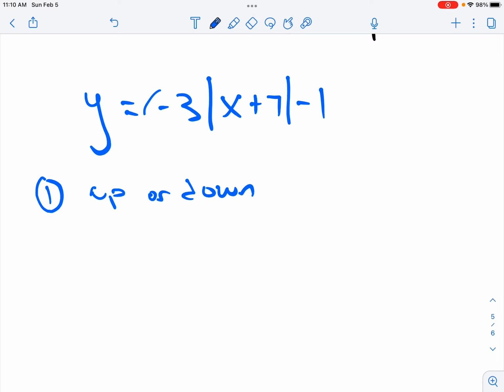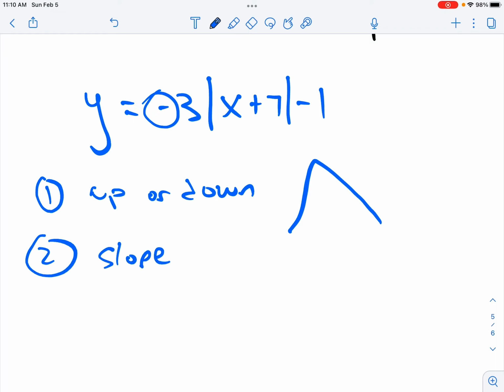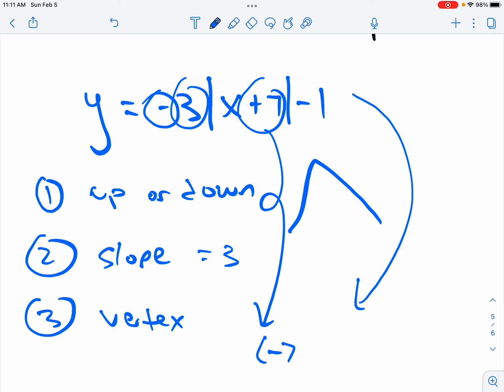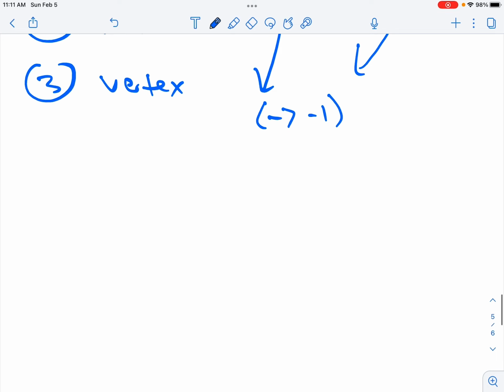How do you tell? You look at that sign. Because that sign's negative, it opens down. Second thing we want to check is the slope. Slope is 3. Third thing is the vertex. And the vertex, just like for quadratics, you flip that one, and this one comes straight down. And that's it. Now we can go ahead and graph this one.